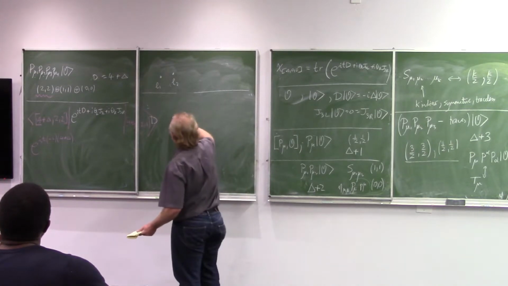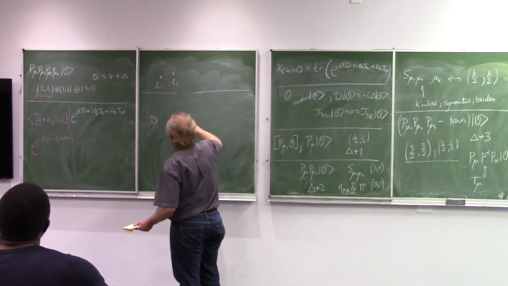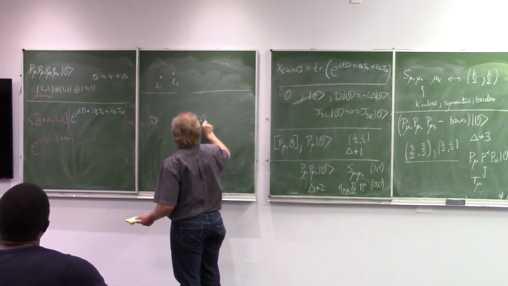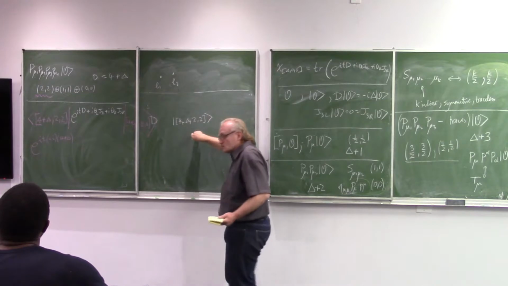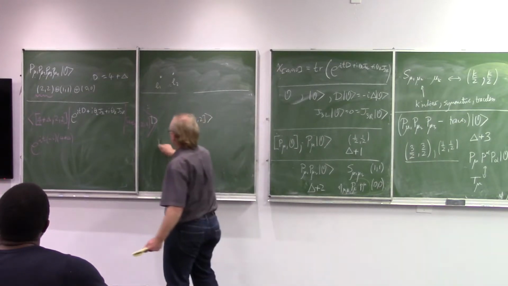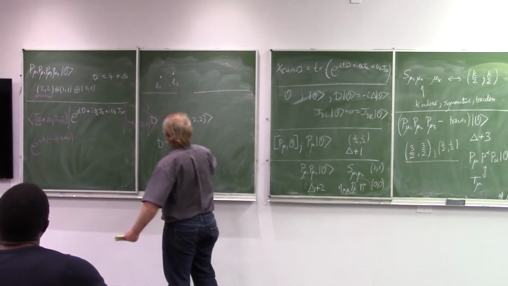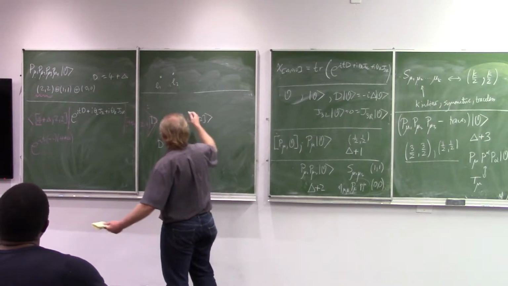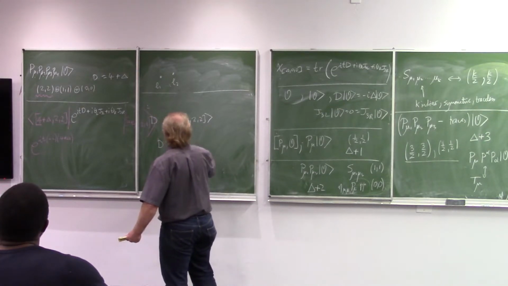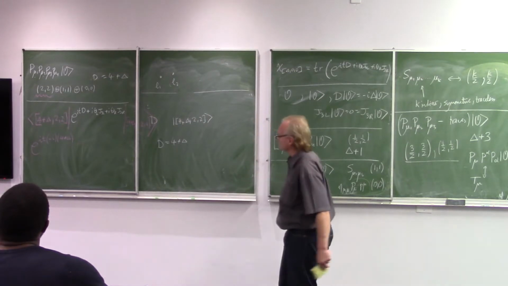When we write this state, 4 plus delta, 2, 2, for all of the states that I'm studying, D acting on the state will give us minus i times 4 plus delta. So I'll just write D is equal to 4 plus delta.